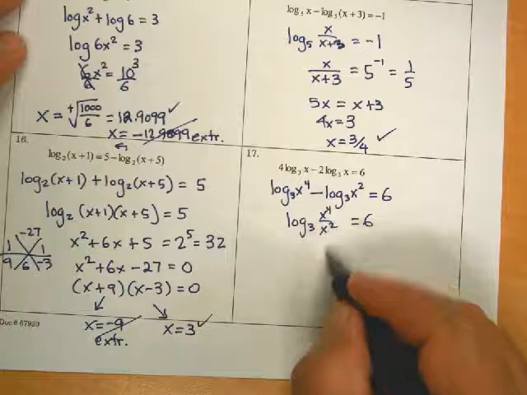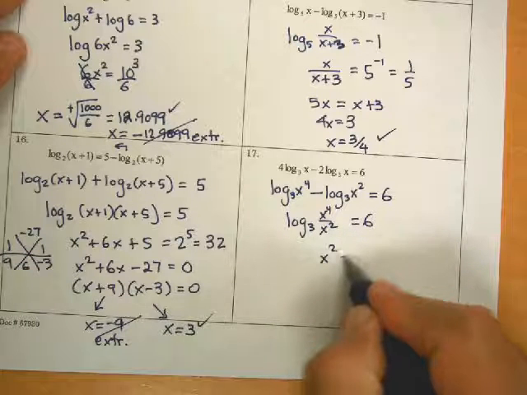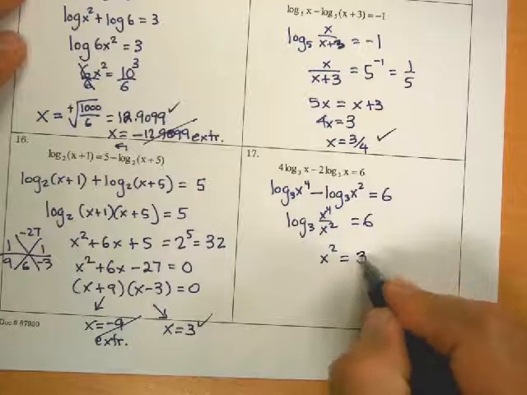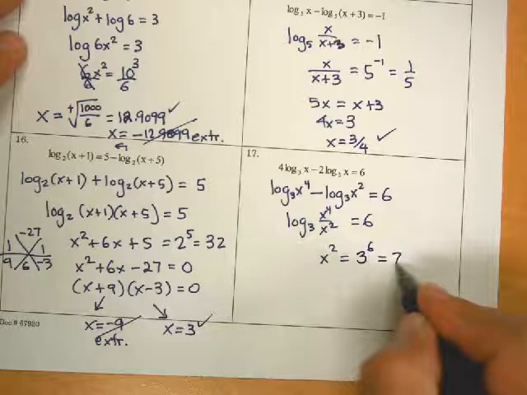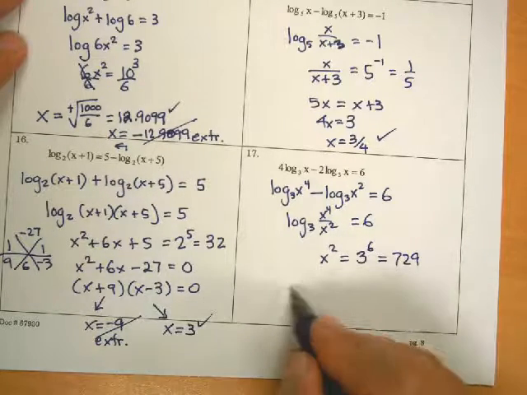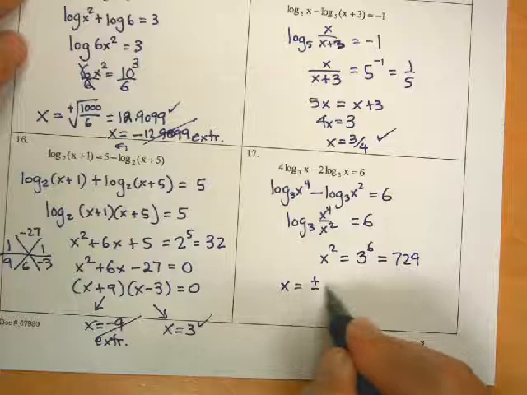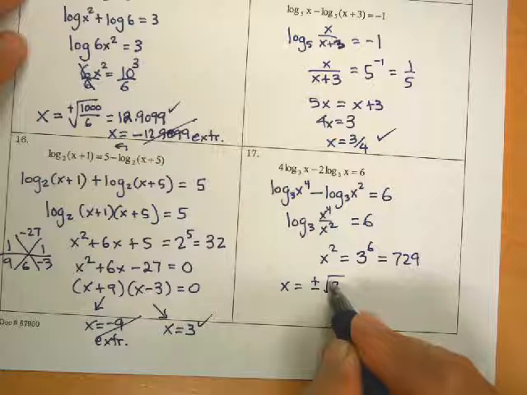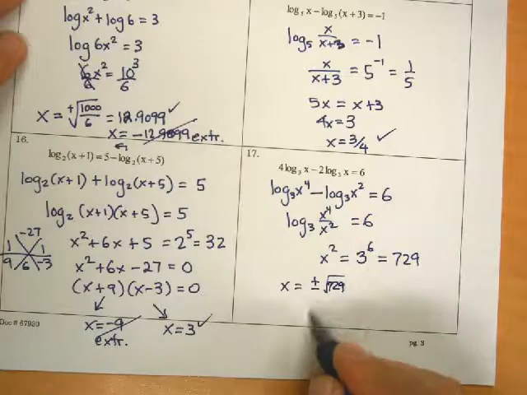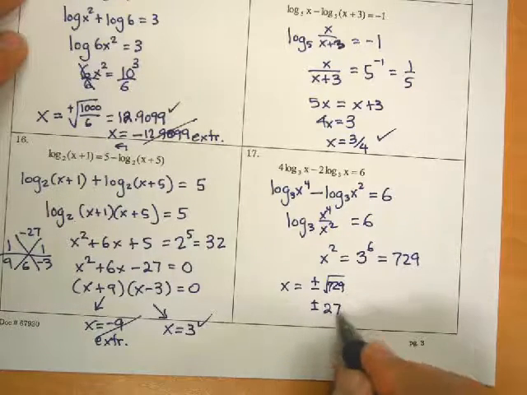As I cancel here, subtracting exponents gives x squared, and over here 3 to the 6th, that's 729. So x is equal to positive or negative square root of 729. So it's positive or negative 27.